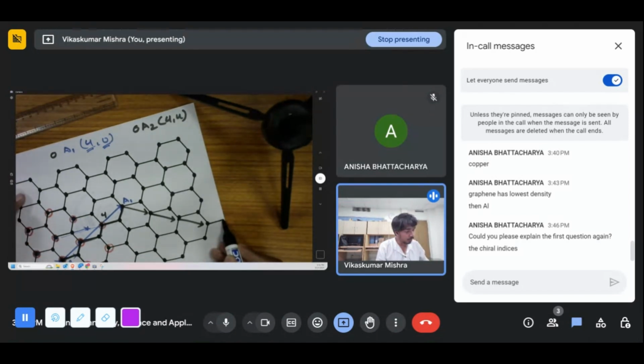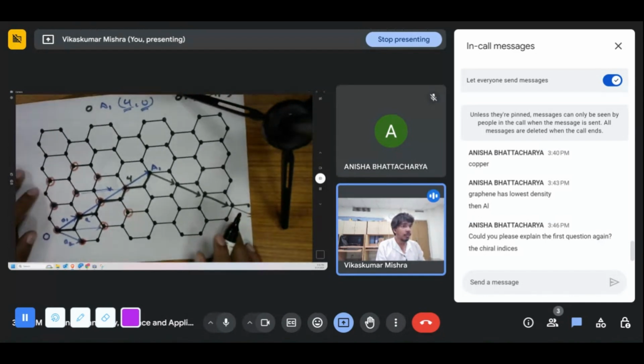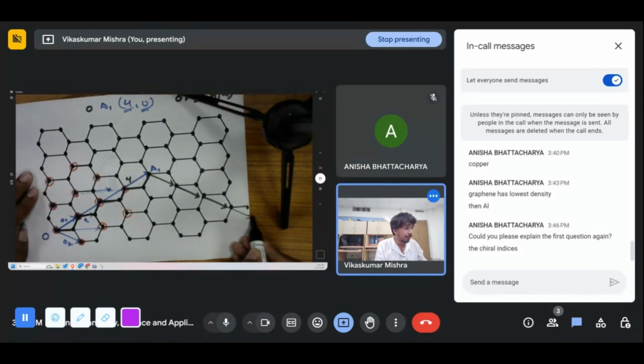Since there is not much space, I should make it somewhere over here. So 1, 2, 3, and 4. By this much amount we went. Somewhere over here we are. Then we went by 4 over here, 1, 2, 3, 4, and again we got to this particular point.